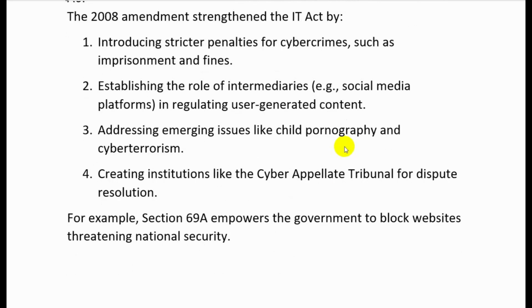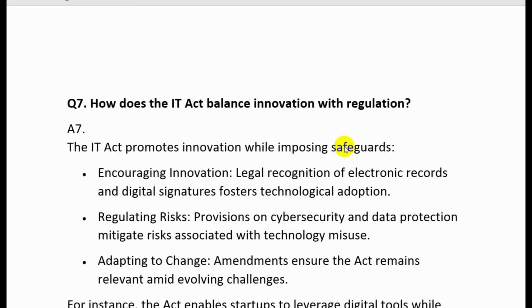For example, Section 69A empowers the government to block websites threatening national security.